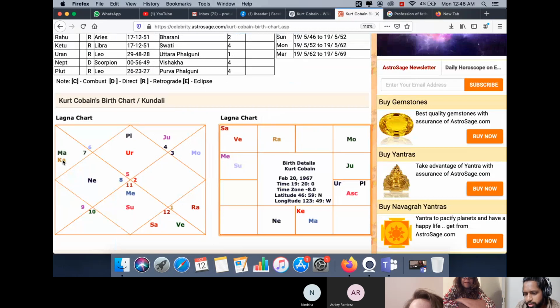Mars and Ketu are there. Ketu always represents death. Ketu is the natural signification of death because it rules the sign of Scorpio. And Mars is there. Mars represents the weapons because Mars represents the soldiers, the commanders, and the commander and the soldiers will always come with weapons.